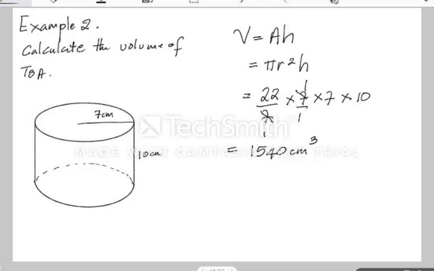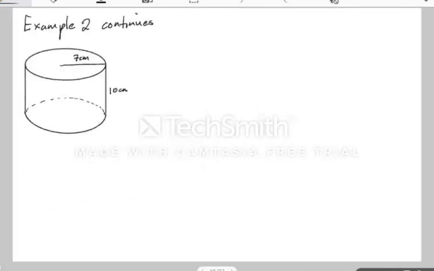Why cube? Basically, because whenever you find volume, it always involves multiplying 3 lengths of the same unit. All right, so we did the volume. Let's have a look at the total surface area.